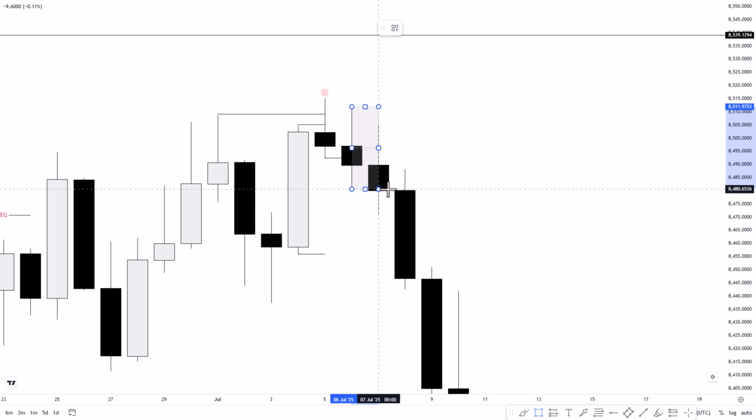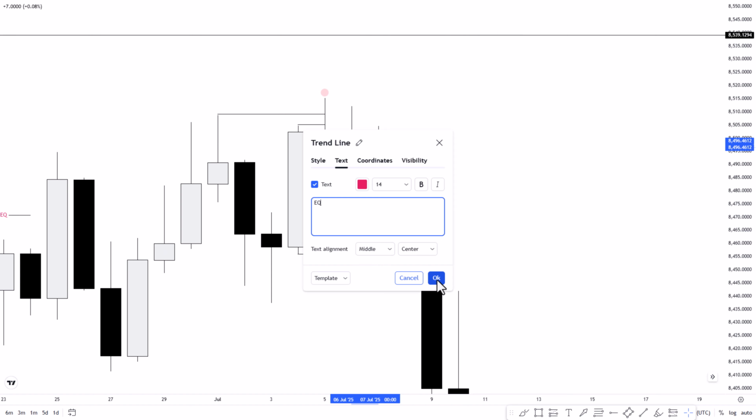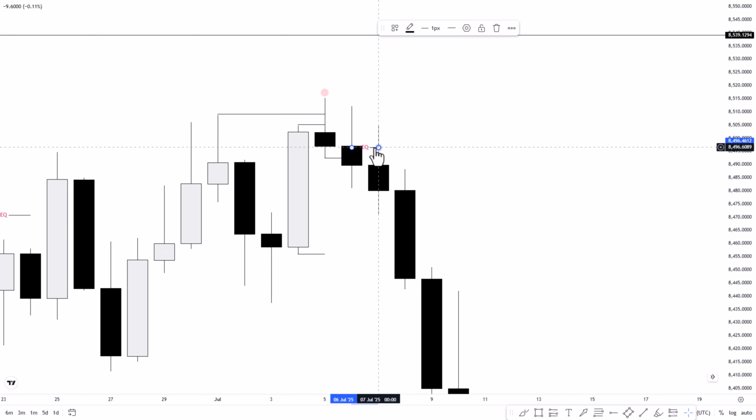If you mark the equilibrium, we've seen that price has come to the equilibrium of day 3 or even beyond, but price has not closed above it. We see a price reaction. Now, if I remove this and mark this place as EQ, which is equilibrium, we see that price came to the equilibrium of day 4, and we see price reacted and then sold. Now this day 4 is the continuation candle.